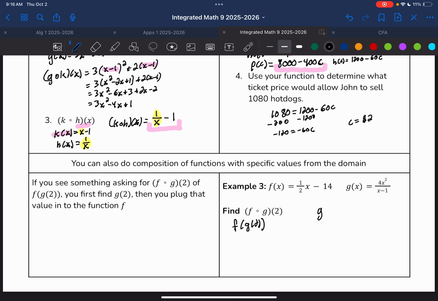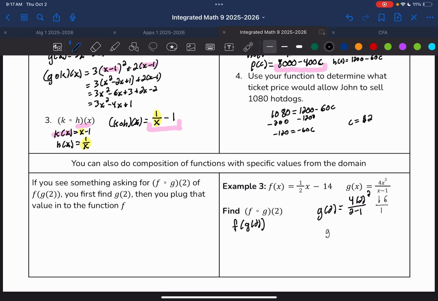So g of 2 is going to be equal to 4 times 2 squared over 2 minus 1. We plug 2 into the function over here. That's going to become 16 over 1.